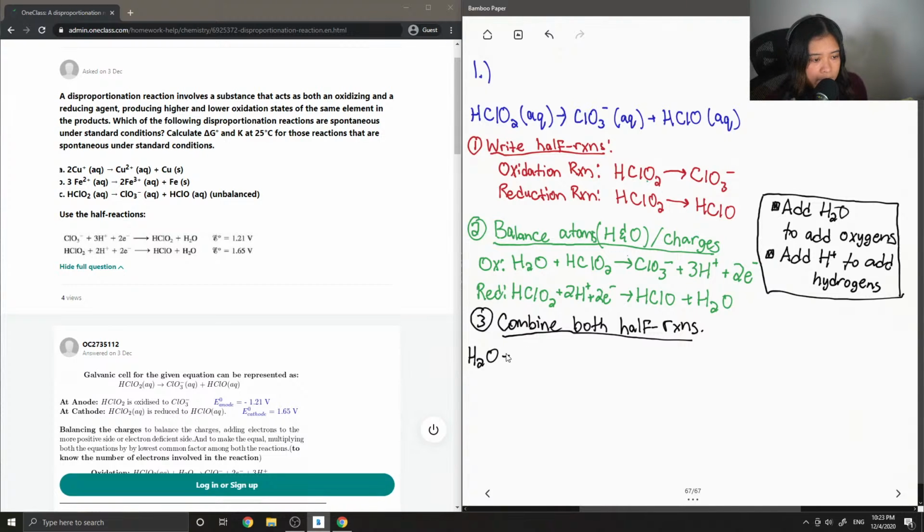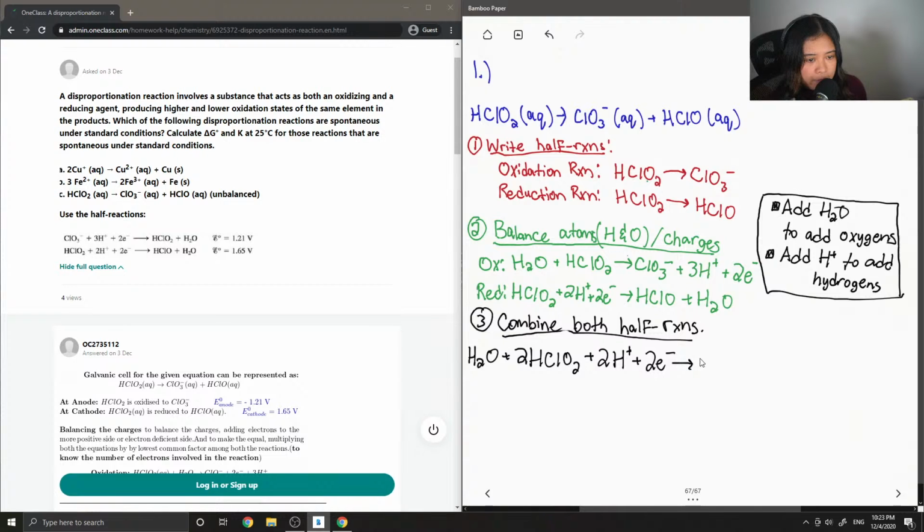So we have water, and we also have 2 moles of chlorous acid in total, 2 protons and 2 electrons.